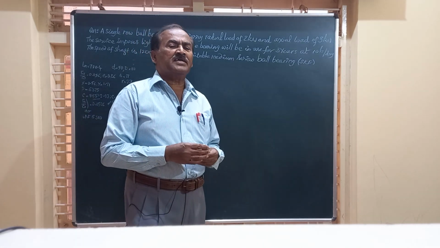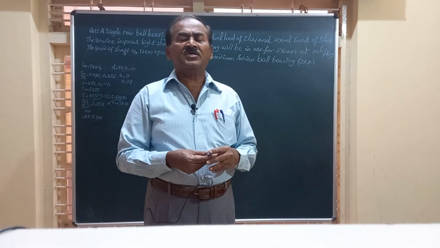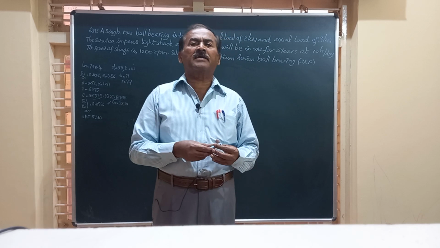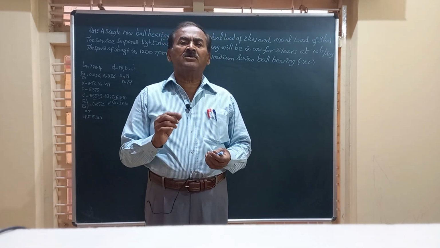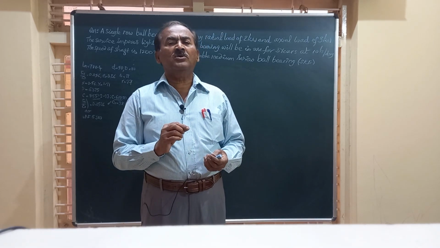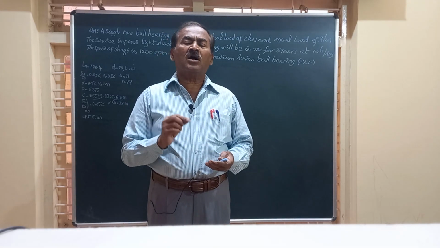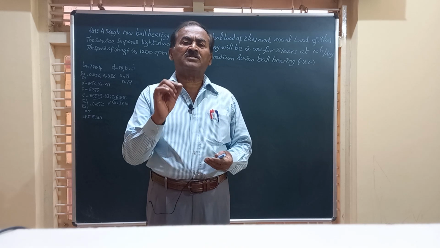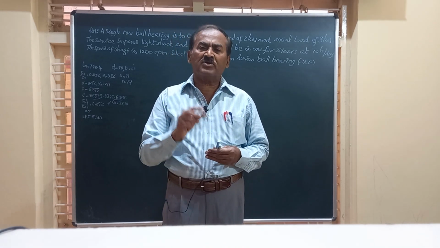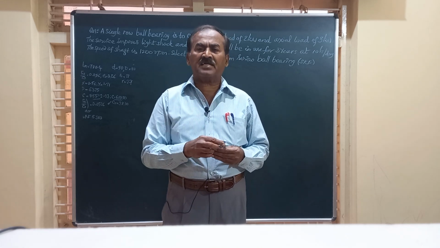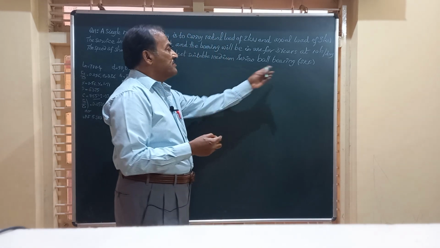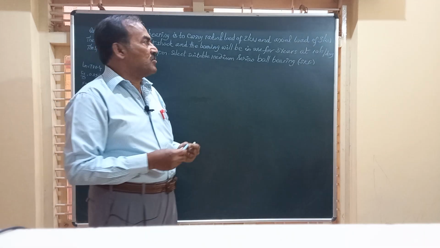Friends, in the design of ball bearing, generally the most important types of problems are to design a bearing when the shaft diameter is known, and to select a bearing when the diameter is not known. So in today's video, we are going to do the problem under the second category, that is, when the diameter of the bearing is not known.